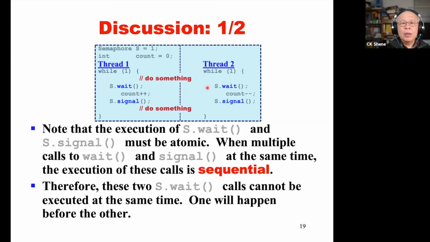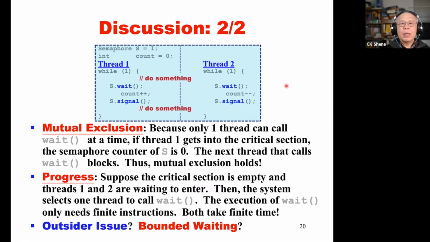Therefore, even though we may have so many threads calling s.wait at the same time, only one can go. Which one? It's just like atomic execution of instructions. We don't know which one. So we can easily prove that this implementation satisfies mutual exclusion.